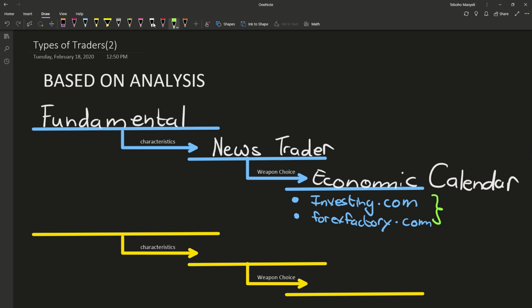An economic calendar is basically a calendar that has all the news events that are upcoming. They even go up to a year in advance, so you'll know a year in advance that a certain economic factor is coming out.